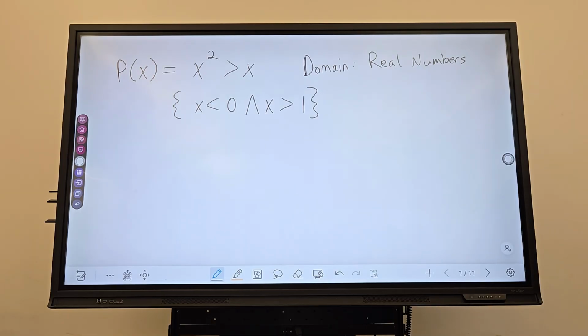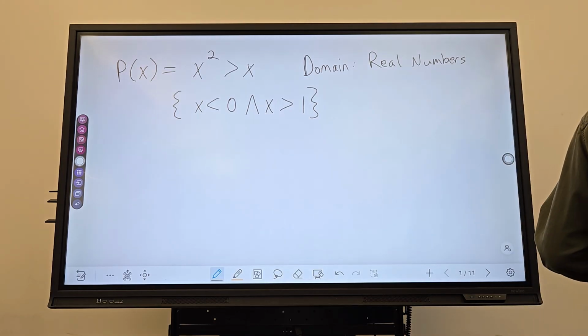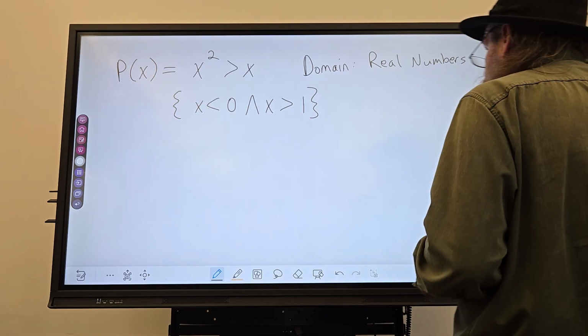So if P of x is a predicate and x has a domain D, the truth set of P of x is the set of all elements of D that make P of x true when they're substituted for x. The truth set of P of x is denoted like this.